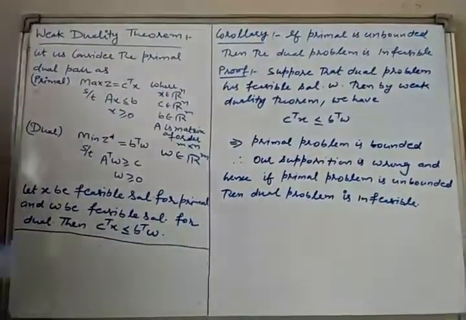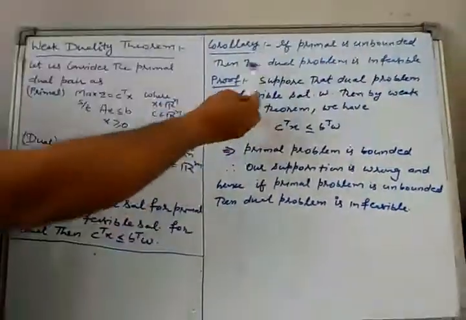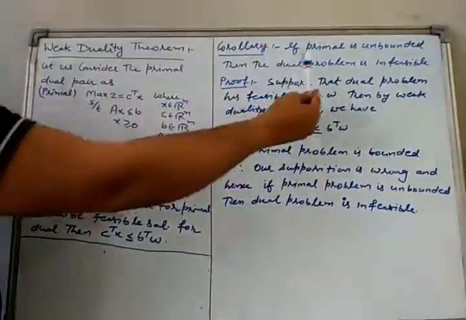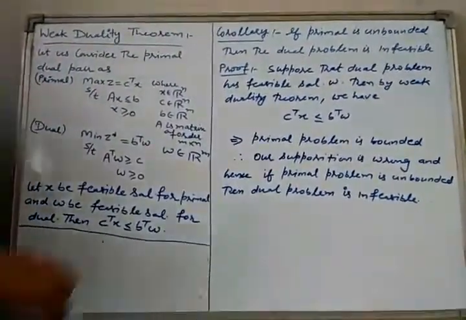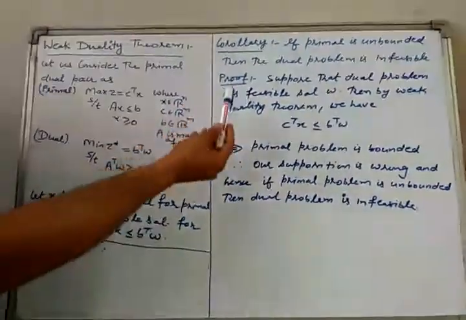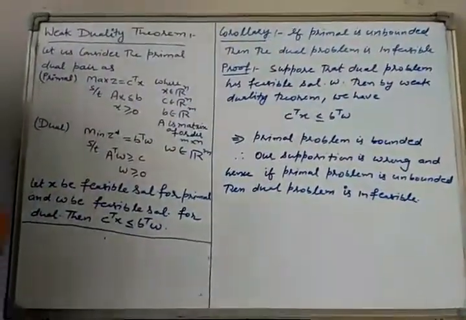Now, the second corollary is that if the primal problem is unbounded, then the dual problem is definitely infeasible. Now we come to its proof. We prove this result with the help of contradiction.